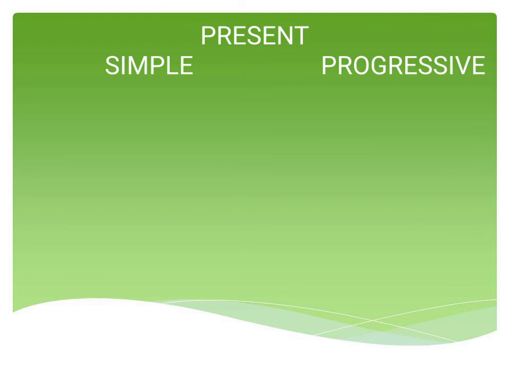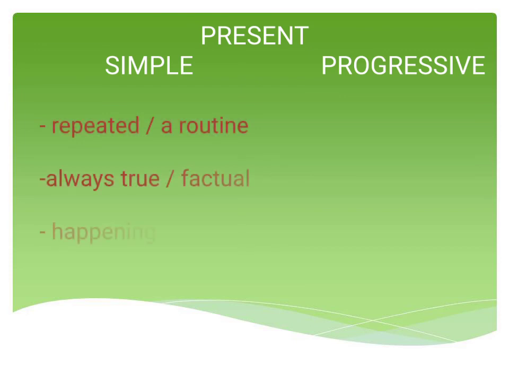So we use present simple for the actions that are repeated or a routine. And when the action is always true or factual. And when the action is set or scheduled to happen in a future time.